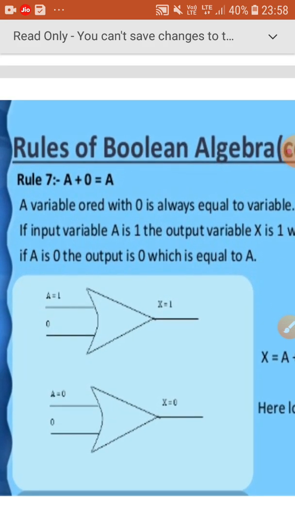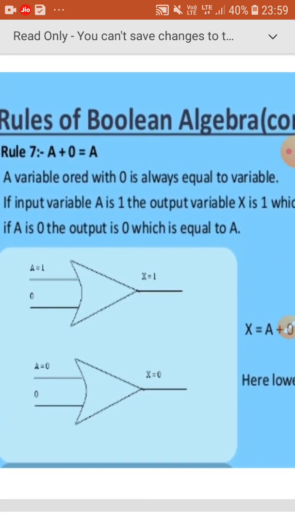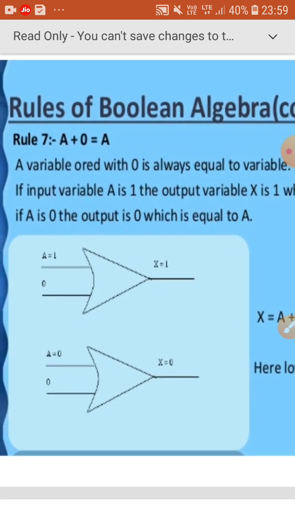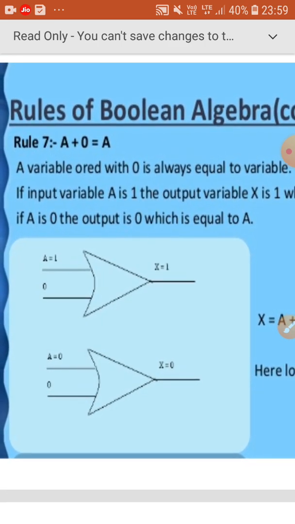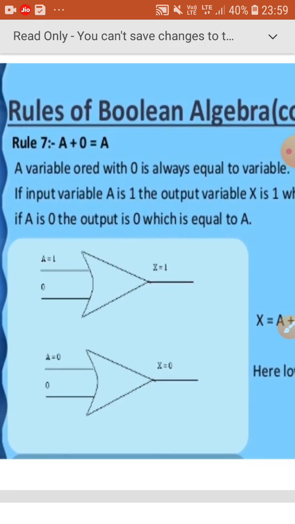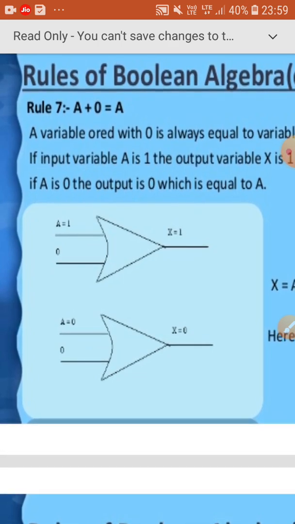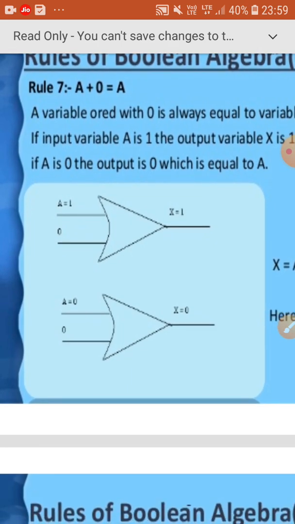Next, A plus 0 is equal to A. In this also we have a single variable A. A can be either 0 or 1. First I am applying 1 to the A. 1 plus 0. So in an OR gate, if any one of the inputs is 1, then the output will be 1. So the output will be 1. Next I am applying 0.